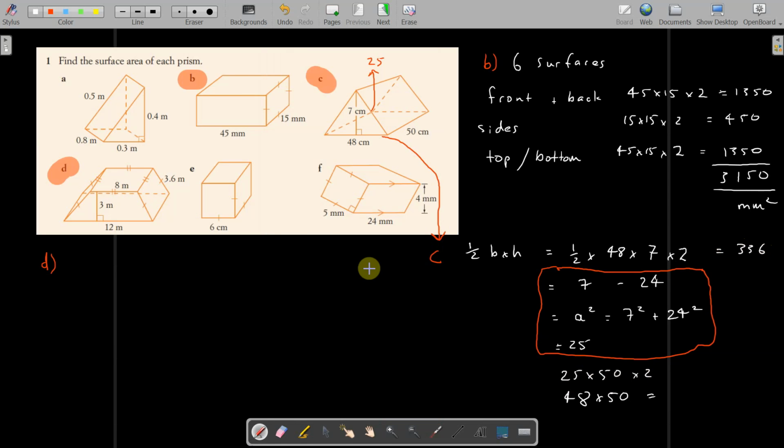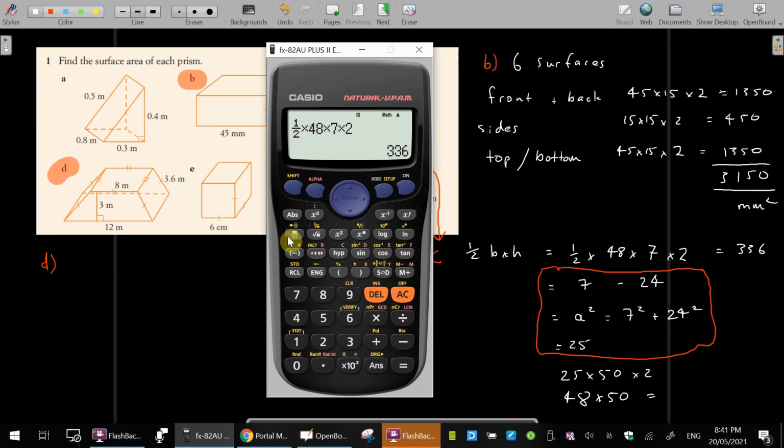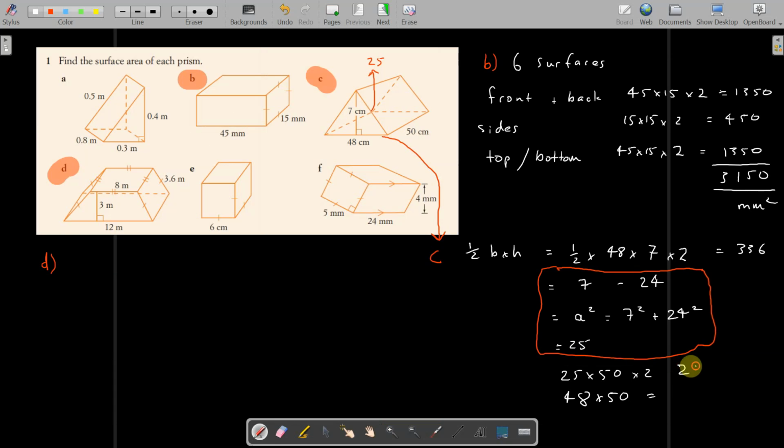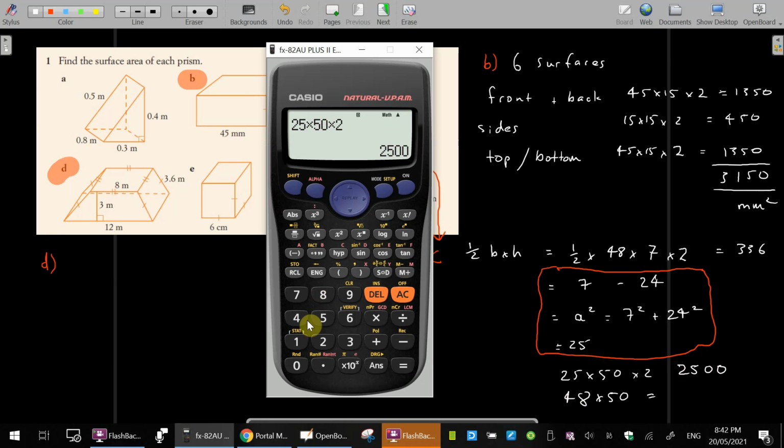And down here, 25 times 50 times 2, 2,500. That's a lot more than the first one. And then 48 times 50, 2,400.